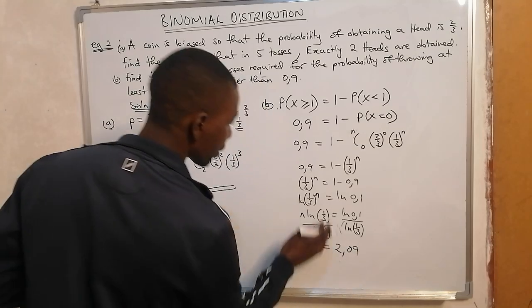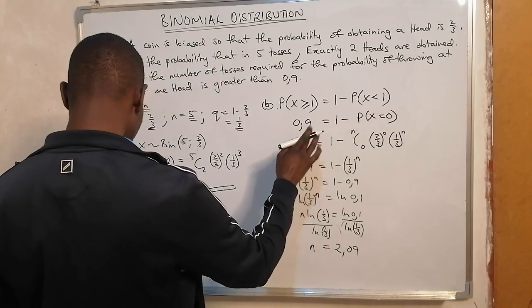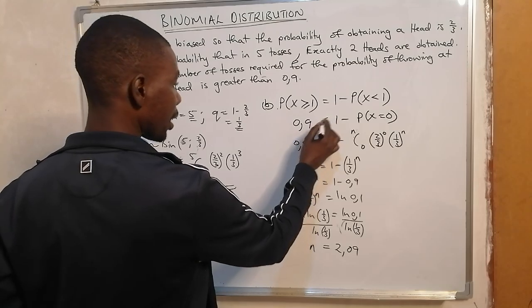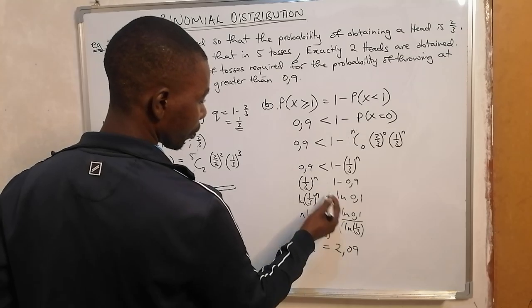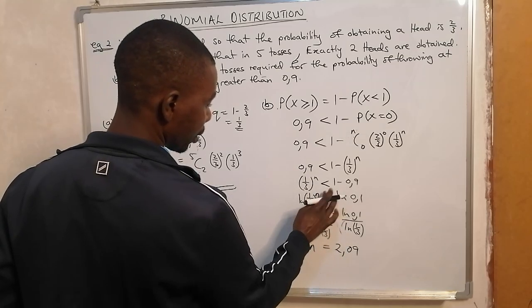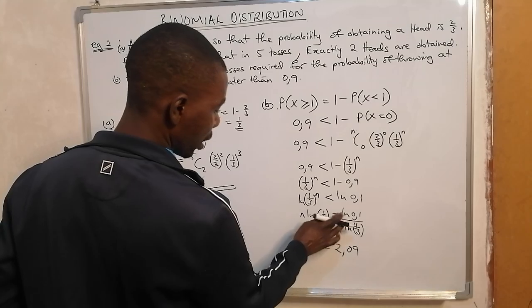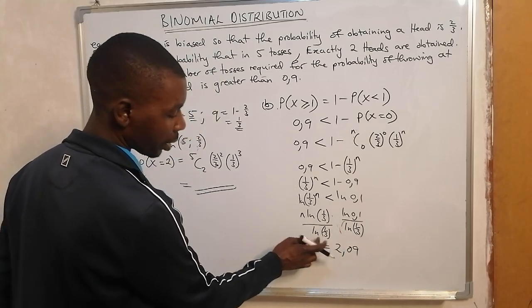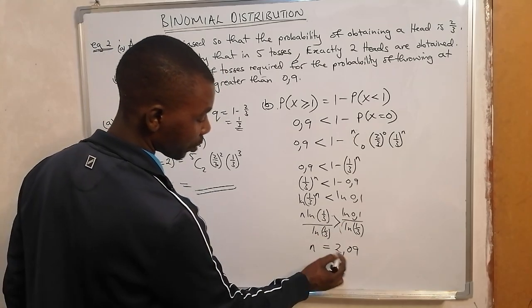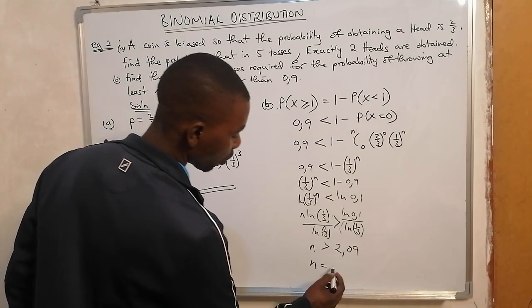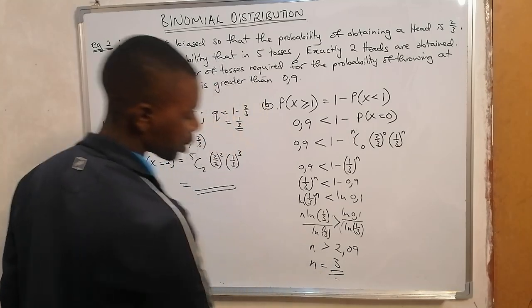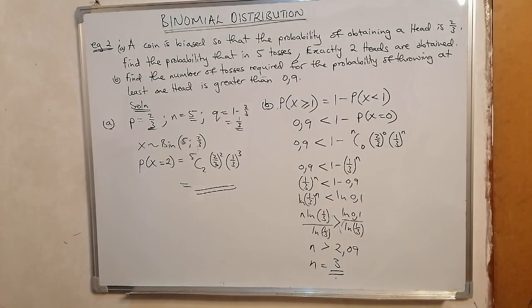Remember we said greater than 0.9 here, so we use the original sign. Whenever you are dividing by ln 1 over 3, which is a negative number, your sign will change. So your n is greater than 2.09, therefore n is equal to the next whole number, which is 3. Right, so this is how we solve the equation in this case.